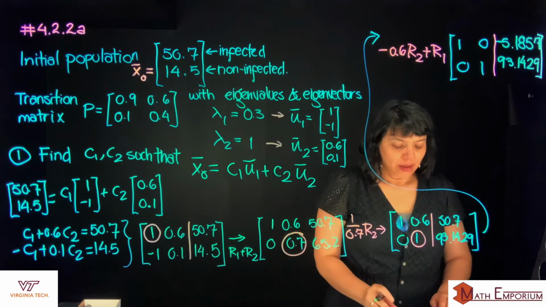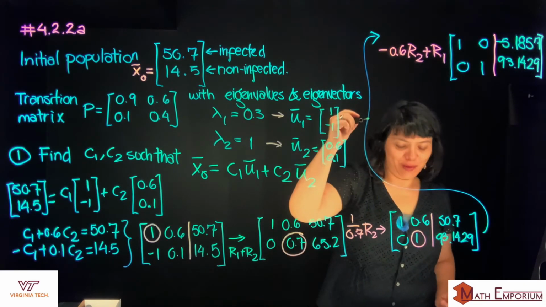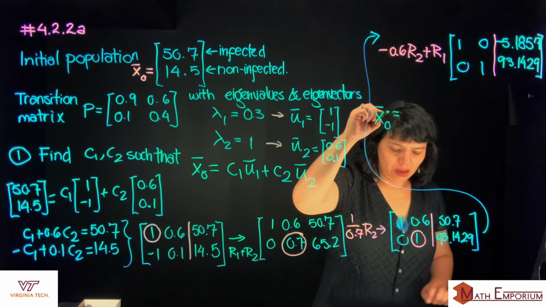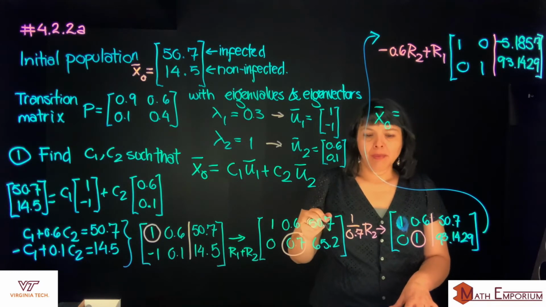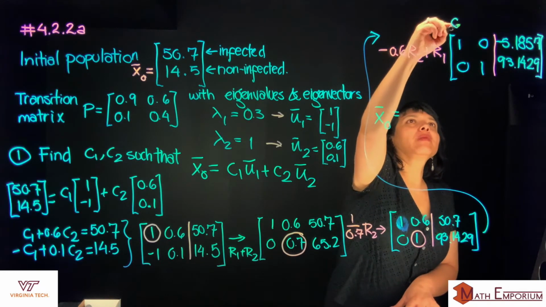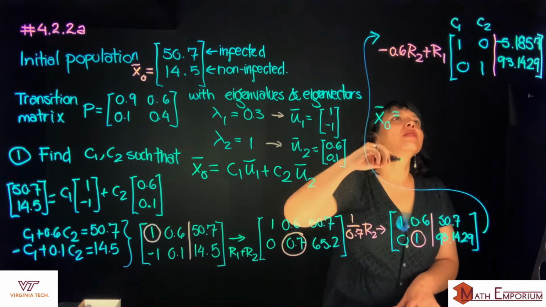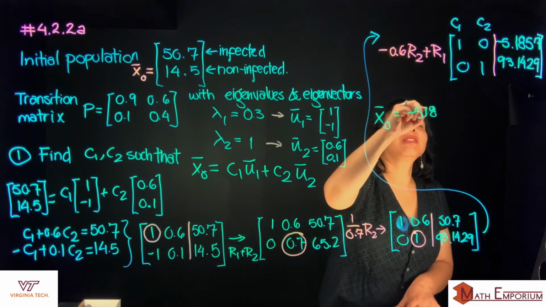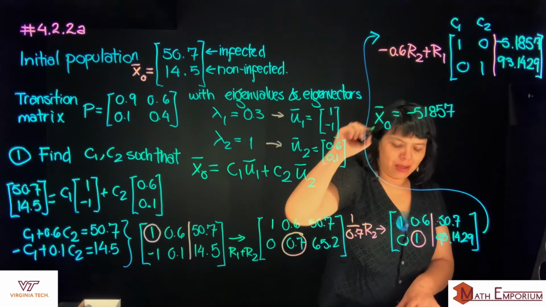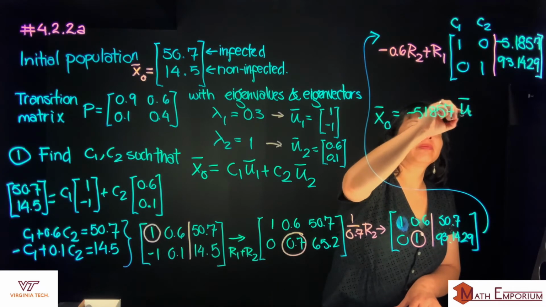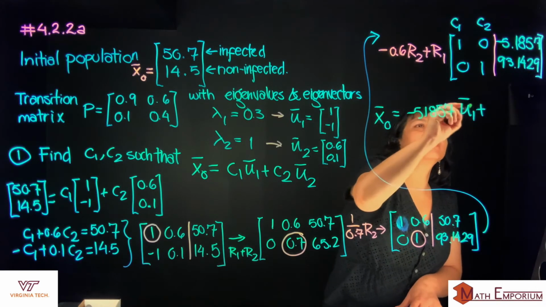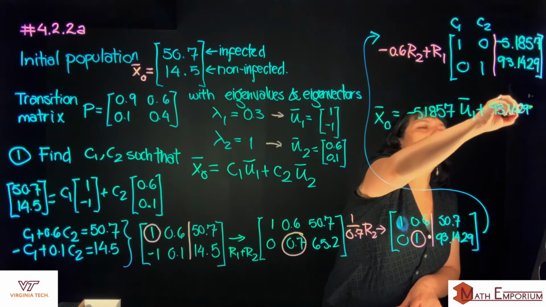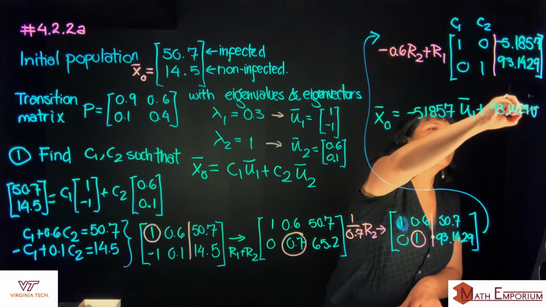Okay, so this tells me that x naught equals my constant C1. So remember, this was C1 and this was C2. So my constant C1, which is negative 5.1857 times u1, plus the constant C2, which is 93.1429 times my vector u2.